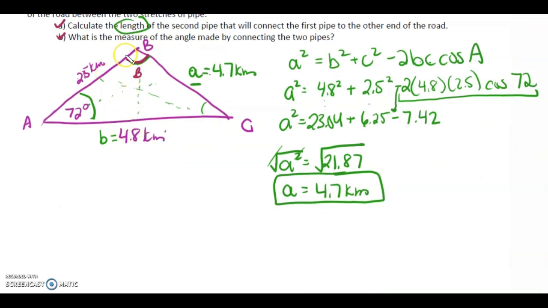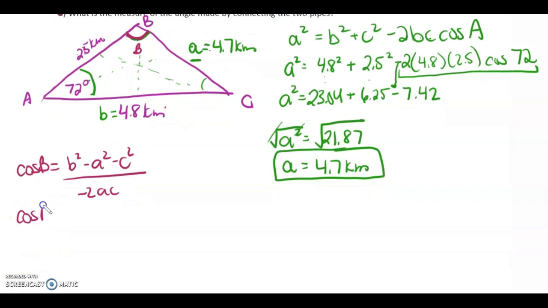So if I want to solve for angle B, I'm going to write cos B equals B squared minus A squared minus C squared over negative 2AC. Just a reminder, at this time, we have so many values in our triangle, we could use either sine law or cosine law. It would be up to you how you see it and what you're more comfortable with.